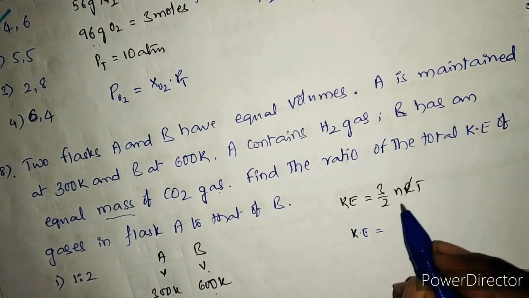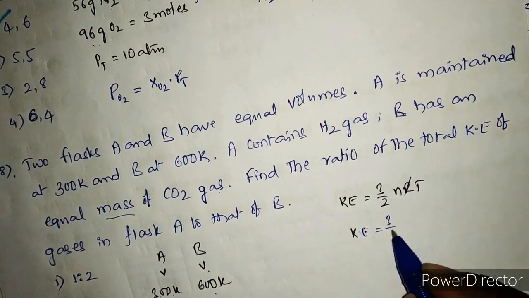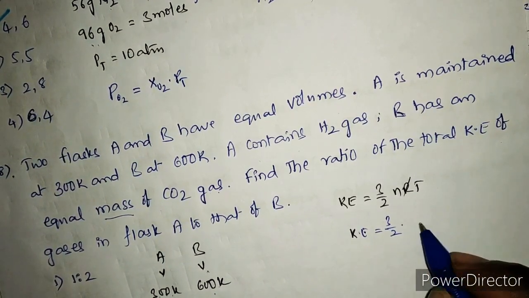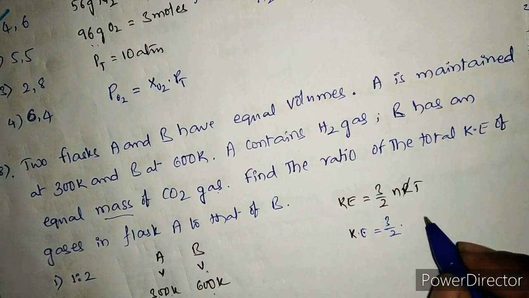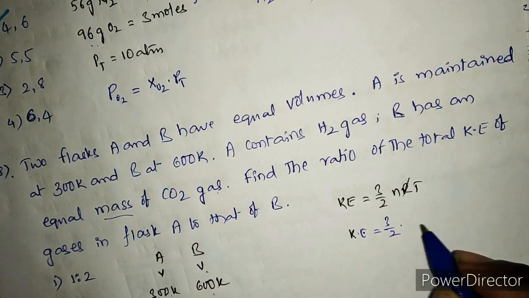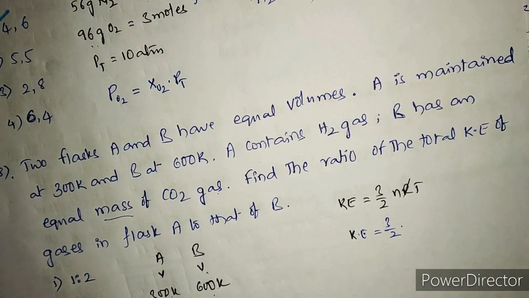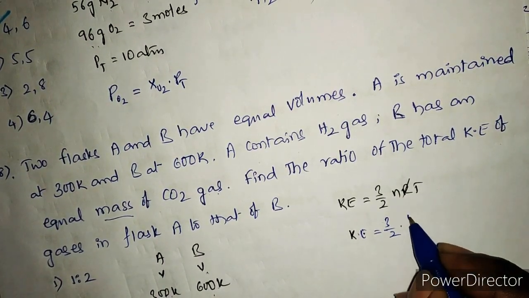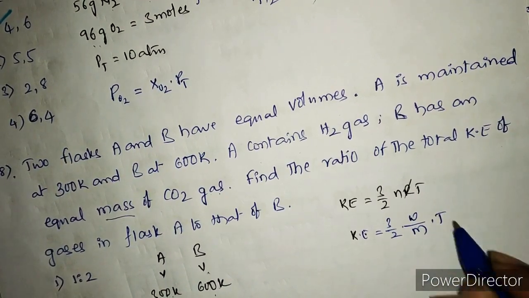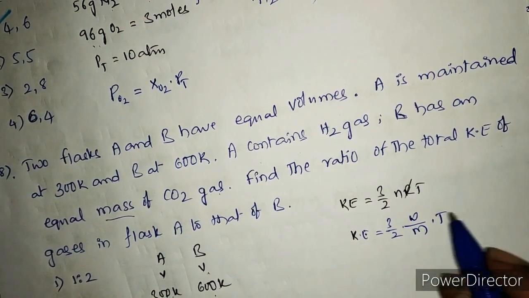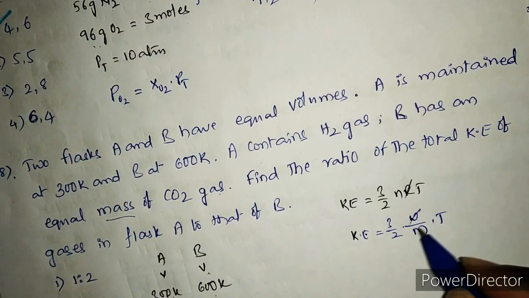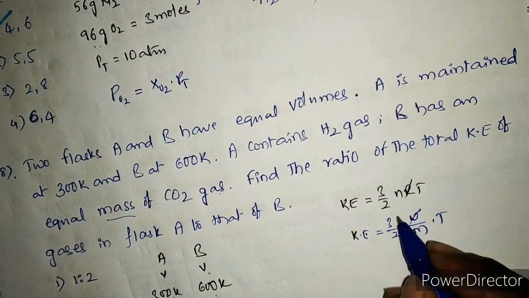So in this formula, in the place of n you can write weight by molecular weight. They are talking about equal mass, and the rest is a constant.